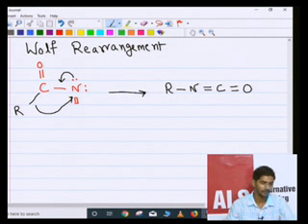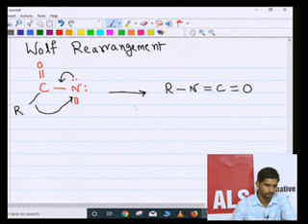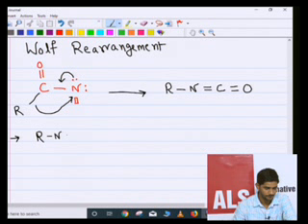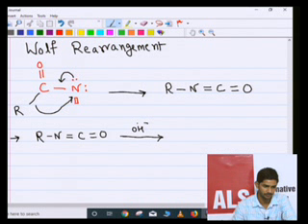Okay, guys, now we have to use it. Look at this. This is the next important step, how it will convert into acid. See, this is R, this is N, double bond C, double bond O. For example, we have got OH minus.